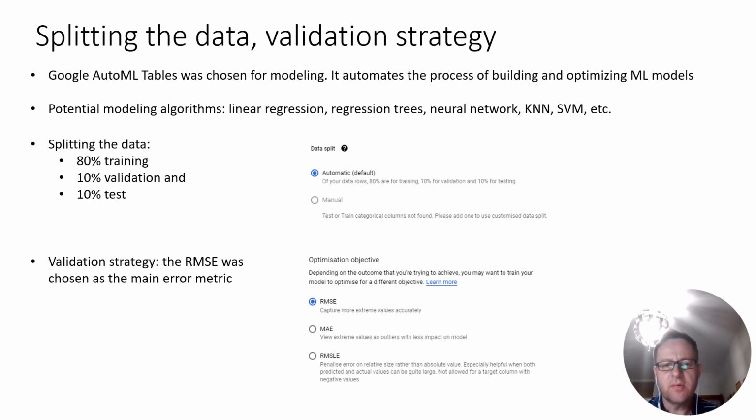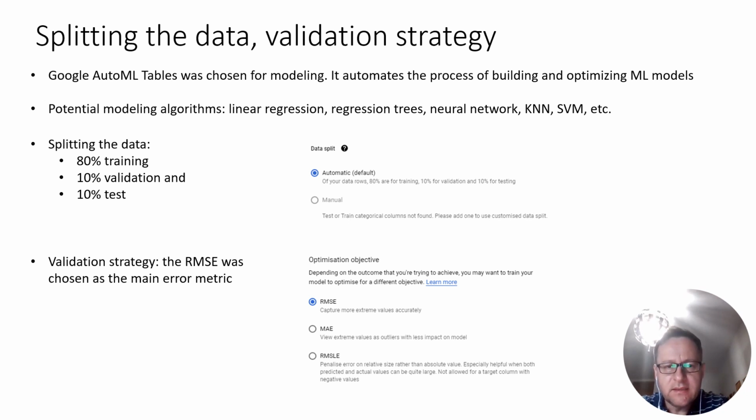Because it's a regression problem, potential algorithms can be linear regression or regression trees, other types of regressions, neural networks, the KNN method, or the support vector machine. So there are different types of models which can be used in this type of situation.